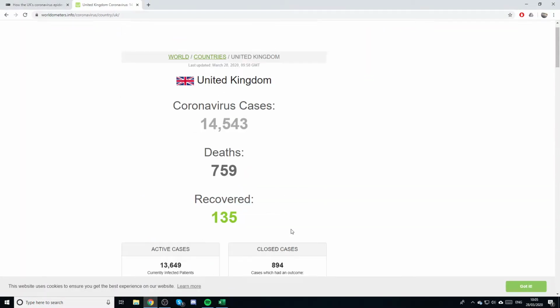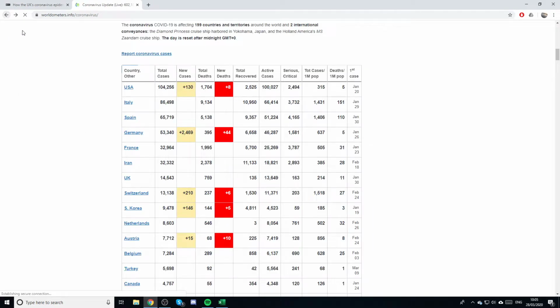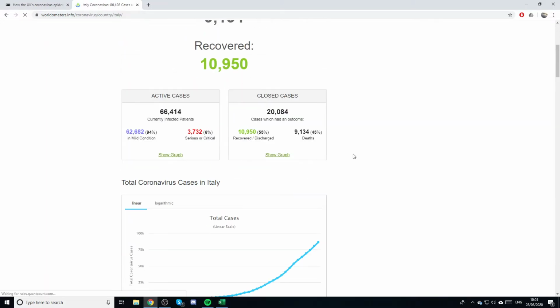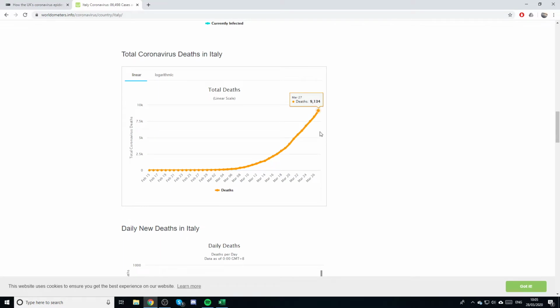And that can give us a lot of hope, because if we go to Italy, for example, which has been under lockdown for a long time now, total deaths 9,014, 4 days ago. Hang on.